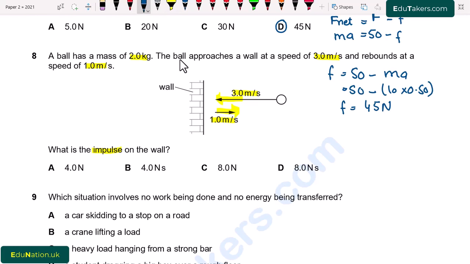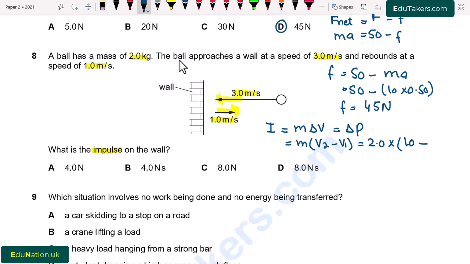The impulse is represented by I and it is the product of mass and change in speed. We can simply say that impulse is the change of momentum, delta P. So I write here m(v2 minus v1). Mass is given 2.0 multiplied by v2, which is 1.0, minus v1, which is 3.0 meter per second.